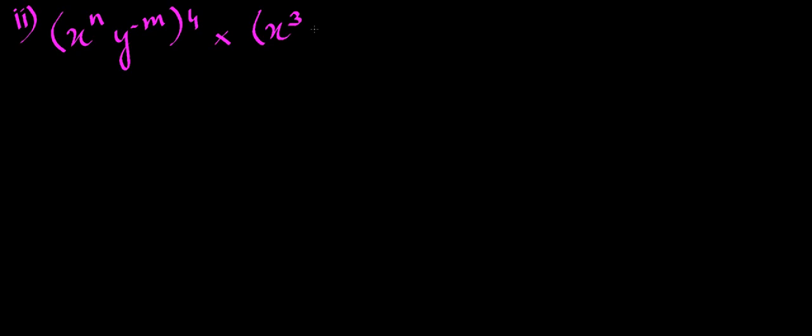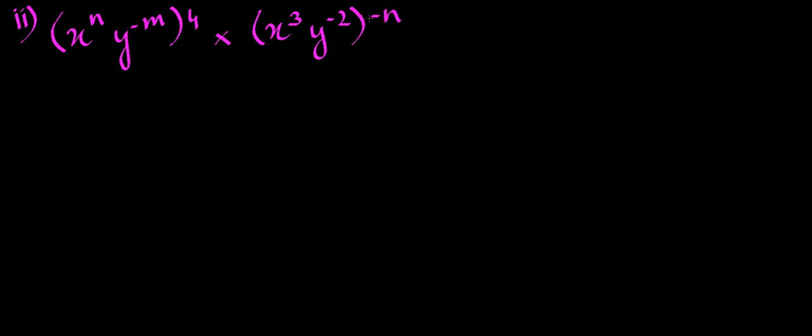Here we have x raised to n into y raised to minus m, the whole raised to 4, multiplied by x raised to 3 y raised to minus 2, and the whole raised to minus n.